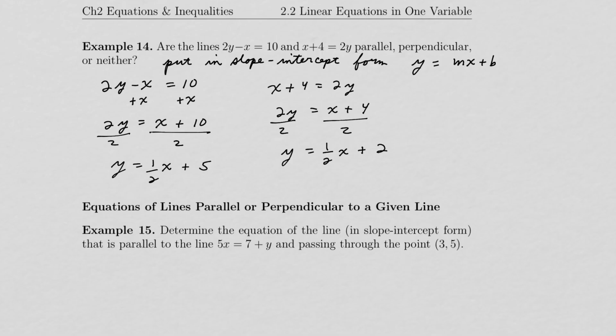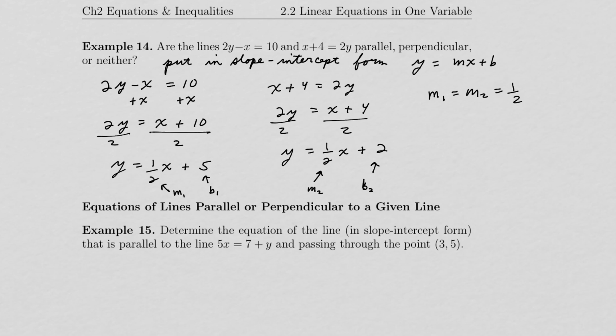So this is like my m1. This is like my b1. This is like my m2. This is like my b2. Right, so notice here that m1 is equal to m2, right? They're both 1/2.